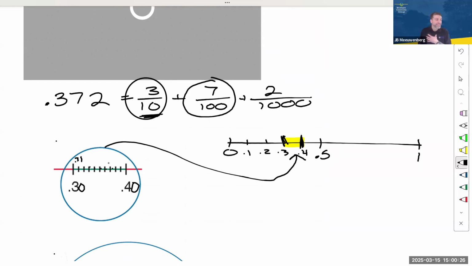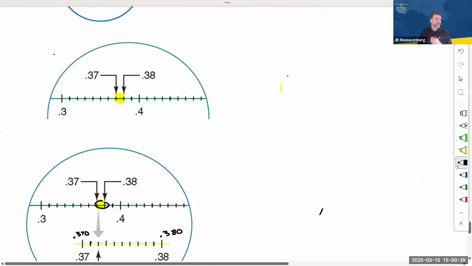And then once we found that, here and here, we broke this little section up, zoomed in, broke that up into 10 pieces, and then we went into the thousandths. So we're going into the 2 thousandths, just above that 0.37.